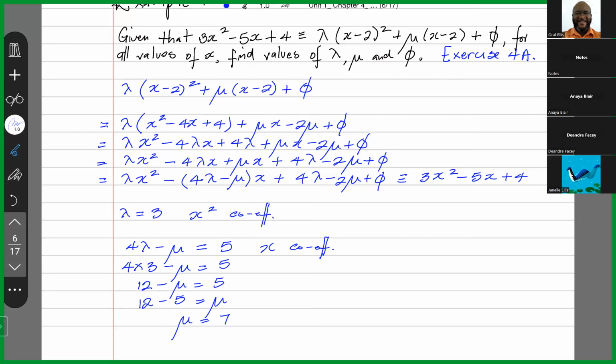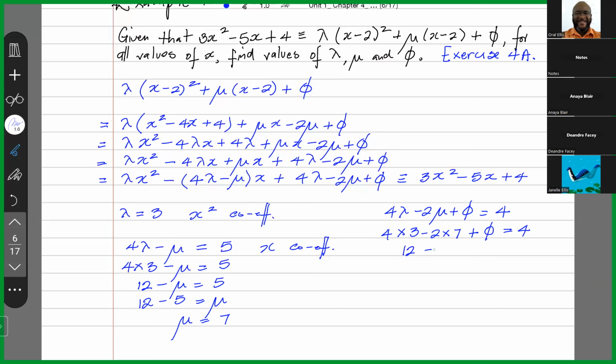All right, so we have lambda, we have mu. Let's figure out what phi is. Of course, 4 lambda minus 2 mu plus phi is equal to 4. 4 lambda minus 2 mu plus phi is the constant term on the left, and that is equal to 4, which is the constant term on the right. So this is 4 times lambda, which is 3, minus 2 times mu, which is 7, plus phi is equal to 4.